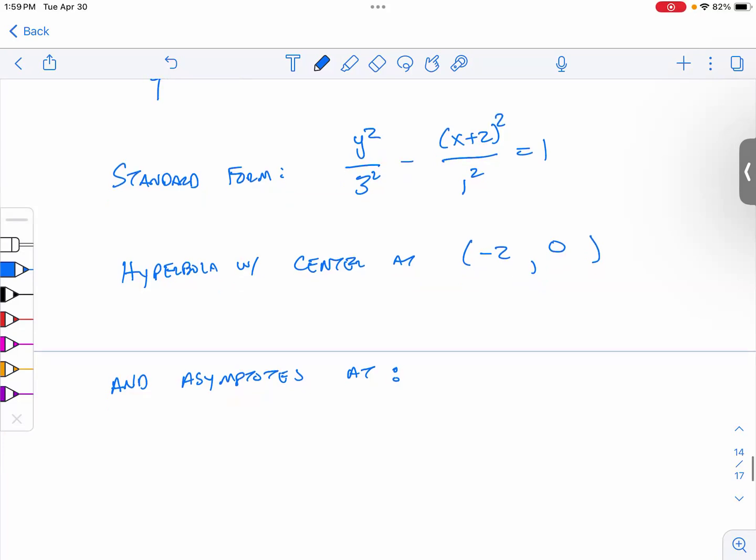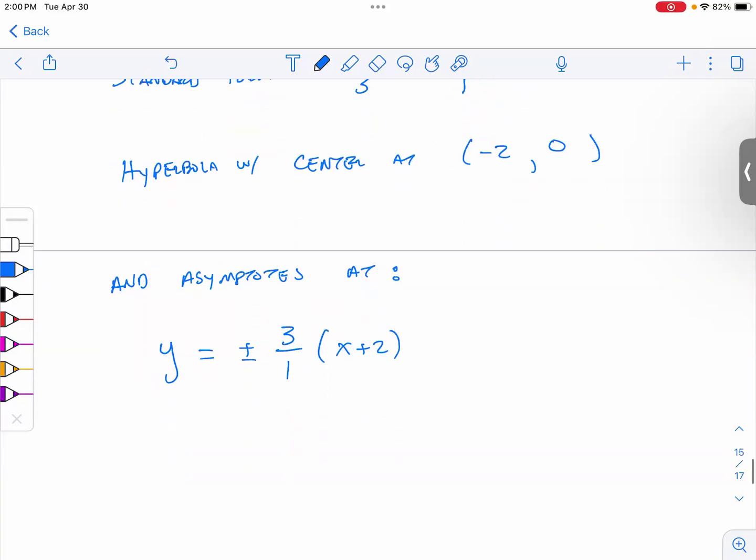And then my asymptotes: it's y equals, because it's y minus 0, so that one's actually done, plus or minus b over a, where the y value, so 3 all over 1, times x plus 2. Actually, this one is not bad. Y equals plus or minus 3 times x plus 2.